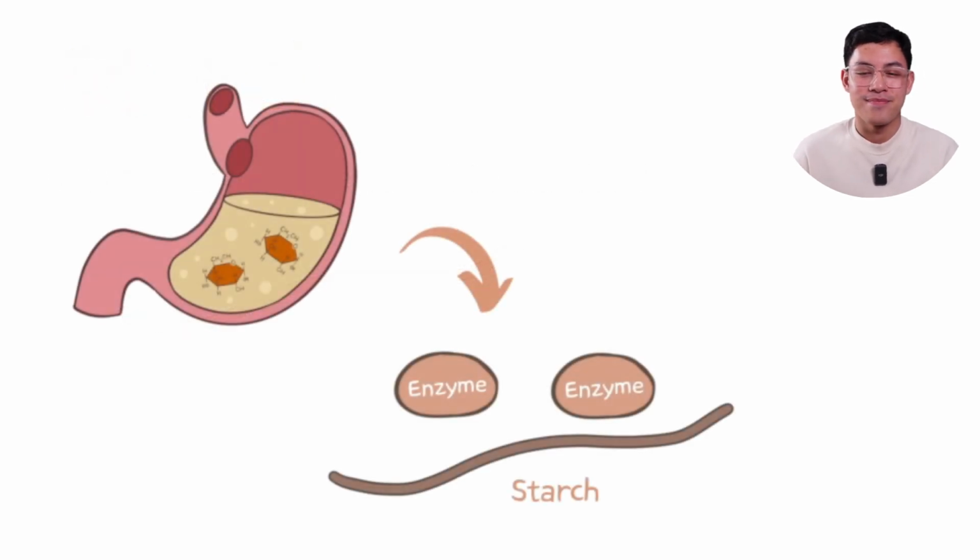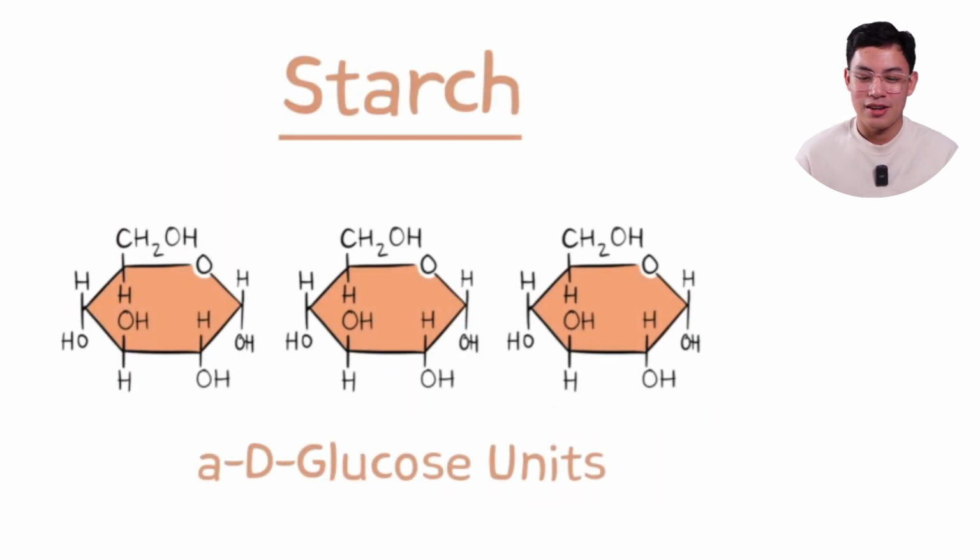When digested, starch is broken down by enzymes in the body into its smaller monomeric units, which are alpha-D-glucose units. And so, we can absorb these alpha-D-glucose units into our bloodstream for more energy.